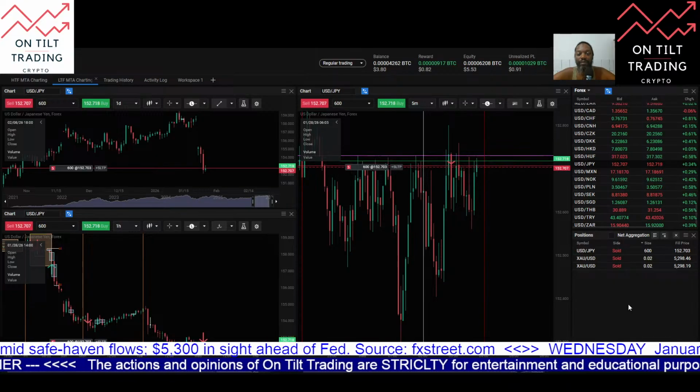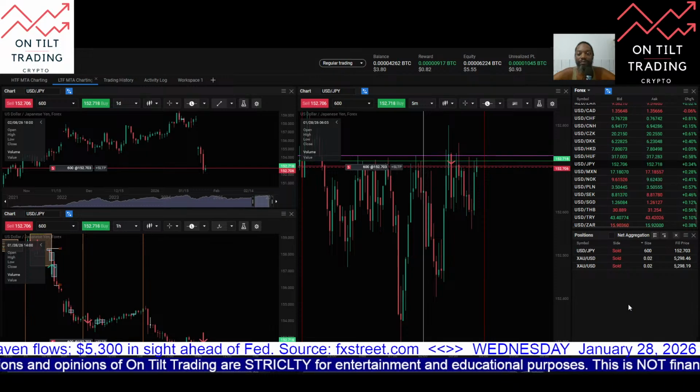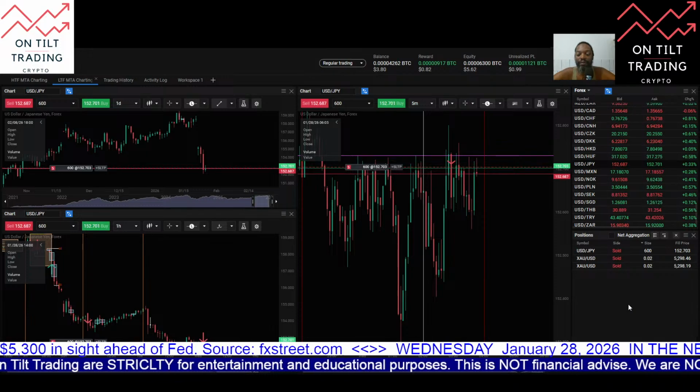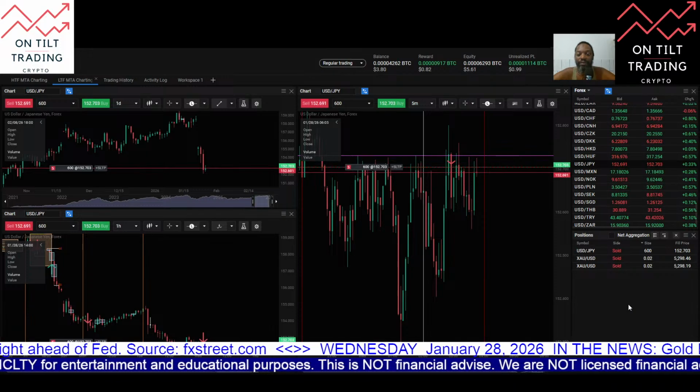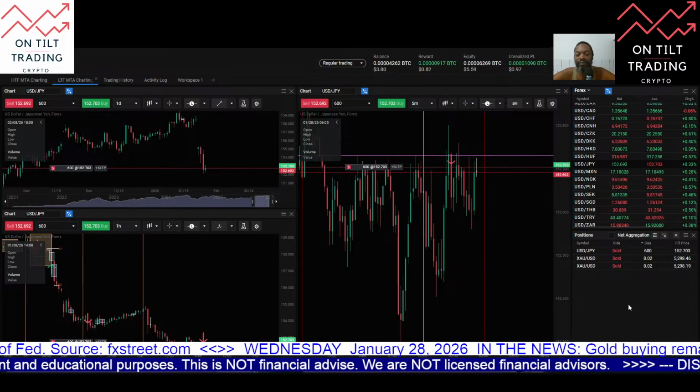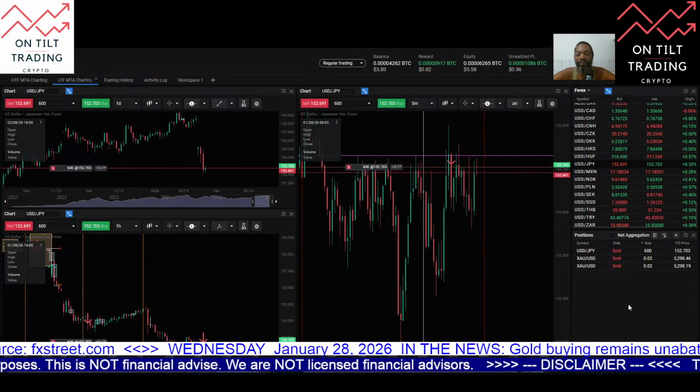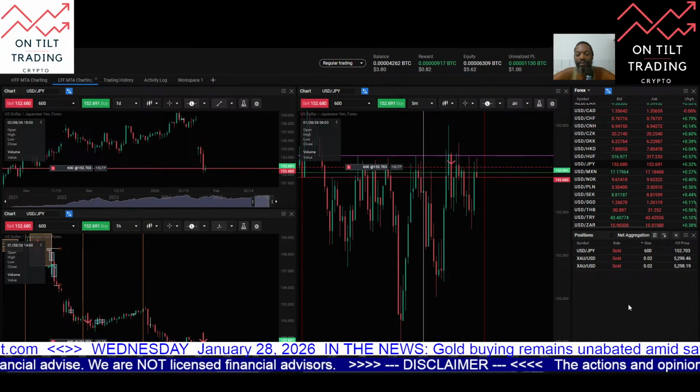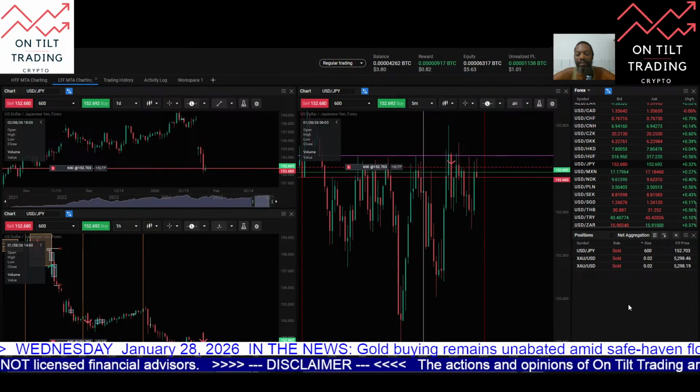Now USD JPY pulling back and now delivering to the sell side here. Still trading around my break even level and now price delivering to the sell side.